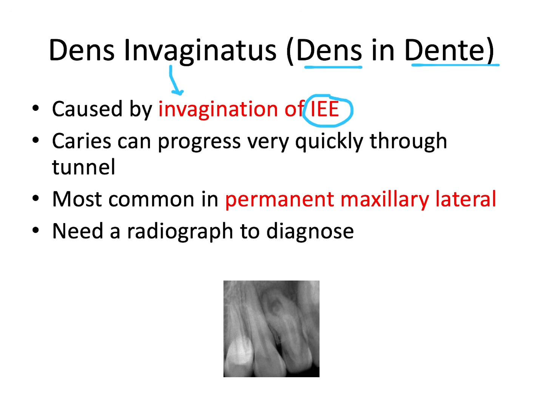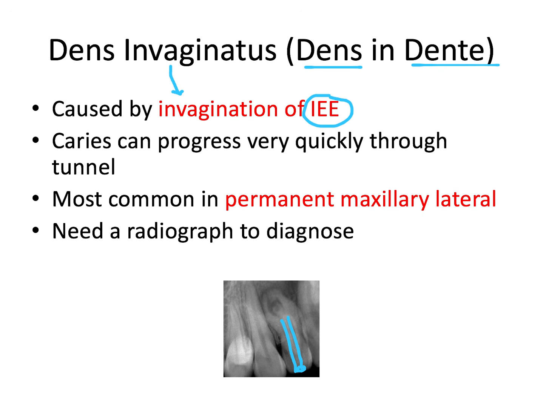So if we have an invagination of IEE, which becomes ameloblasts, which eventually secretes the ultimate enamel, we're expecting some kind of invagination of enamel, and that's exactly what we see. So it creates essentially a hole in the enamel and then forms a tunnel through the tooth. Why is this important? Well, caries can progress very quickly through that tunnel, which is not a good thing.